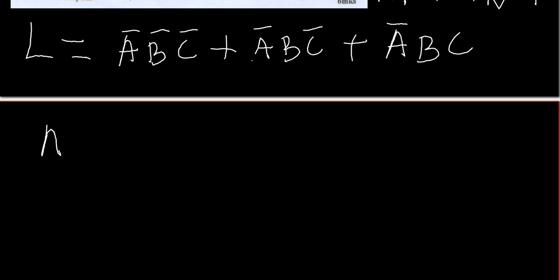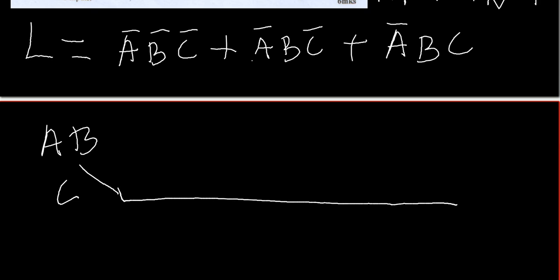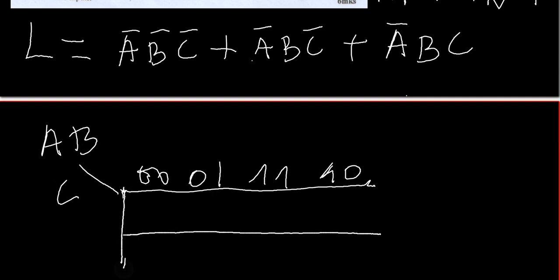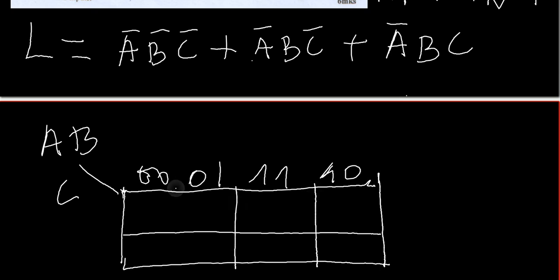Here we are going to have A, B, C, with 0, 0, 1, 1 for AB, and here you have 0, 1 for C. We are going to represent this output equation in this Karnaugh map.